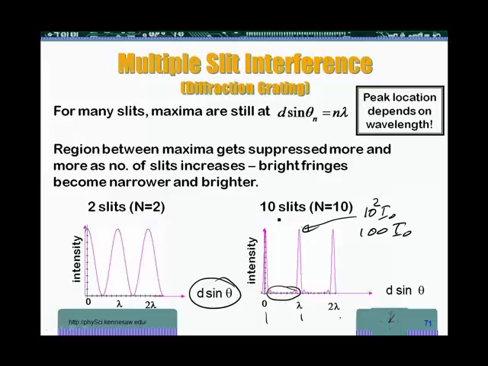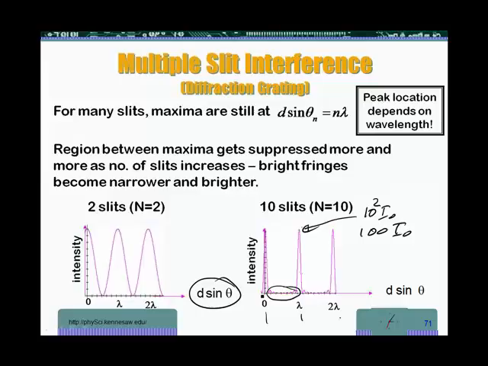If I have 10 slits, some of the 10 are going to add up, but not all of them. And then you see actually the secondary maxima, we are going to get them with different intensities, depending on which ones add up constructively and which ones do not. We are not going to get into that in this course. We just know it's going to be a little bit more tricky.